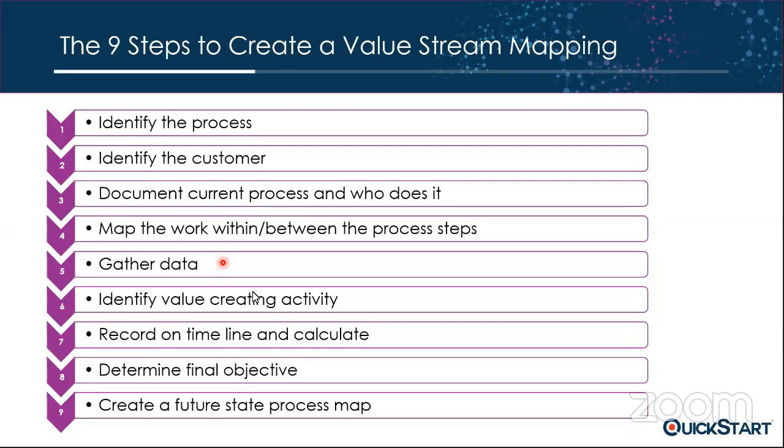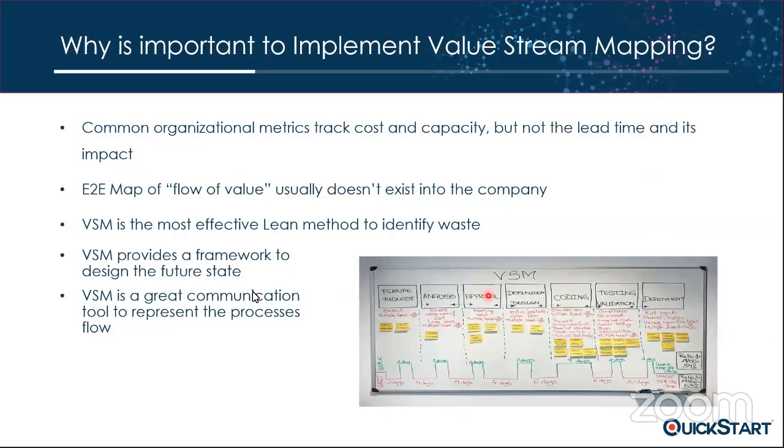Record on timeline and calculate, because again, the picture of the current state is the current state map, and we could define and do this really beautiful picture over here.